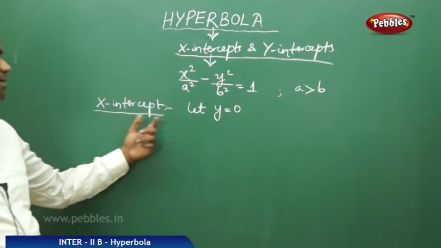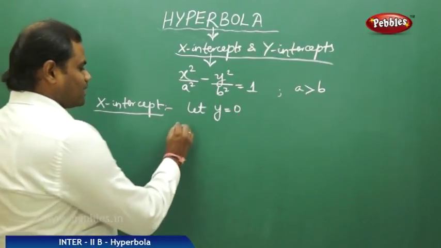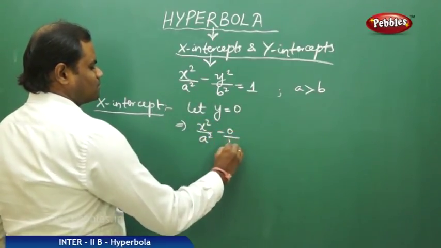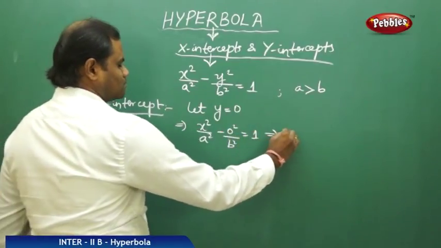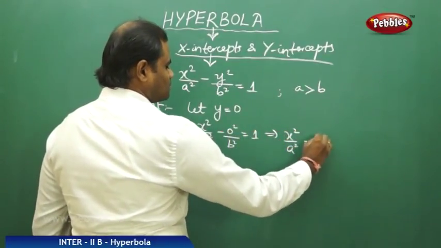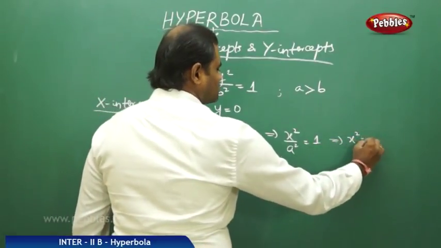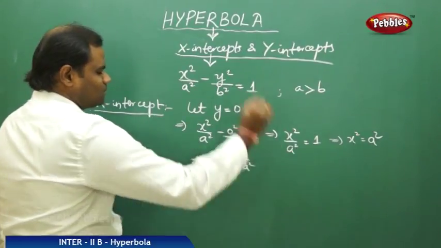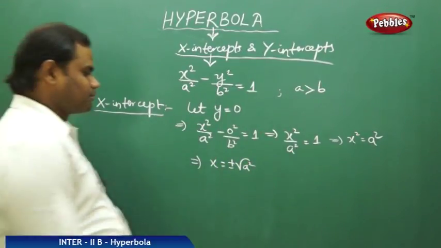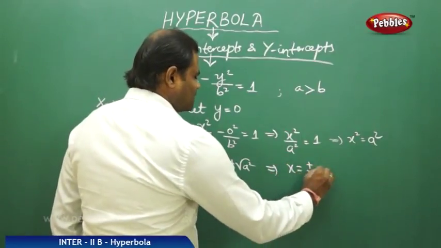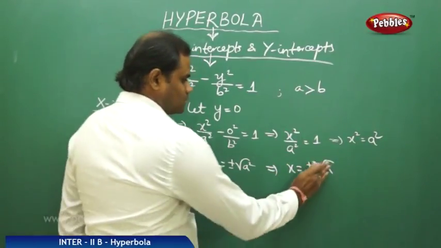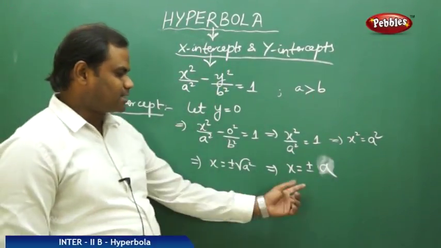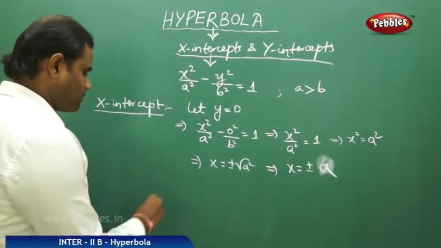So in order to find the x-intercept, I assume y equal to 0, and then I get x squared by a squared equal to 1, which is what we get when we simplify. That implies x is plus or minus a. It's not root a, it is a. Therefore, the graph cuts the x-axis at a and minus a.